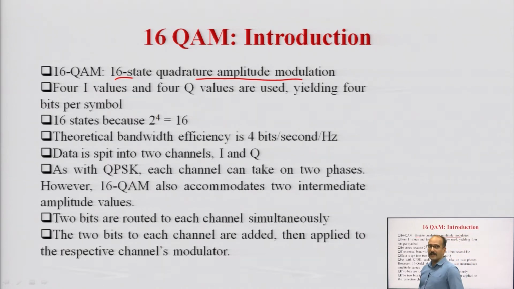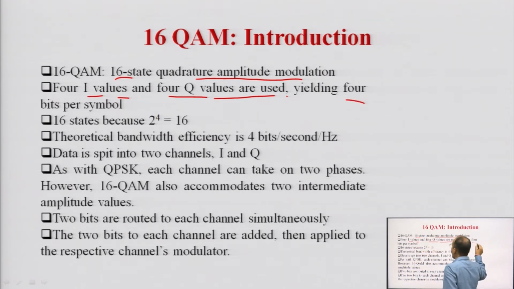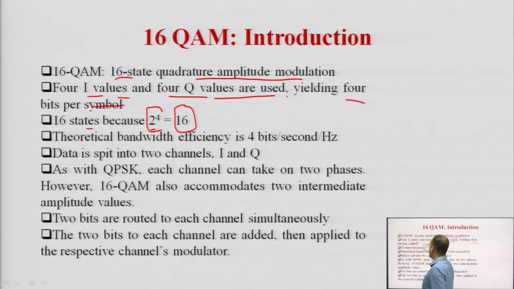For 16 states we use 4 I values and 4 Q values, meaning 4 in-phase carrier levels and 4 quadrature carrier levels, which means 4 bits per symbol. 16 states means 2 to the power 4, 16. Theoretically bandwidth efficiency is 4 bits per second per hertz.